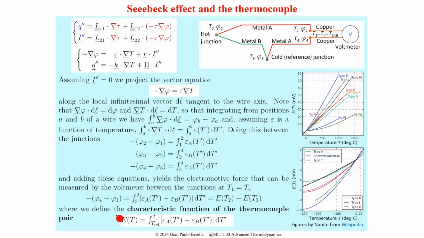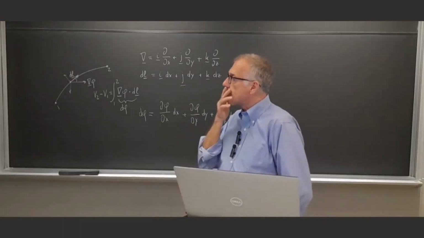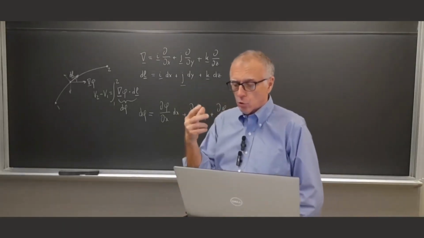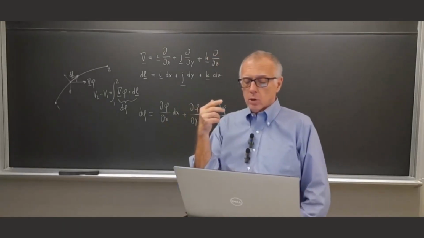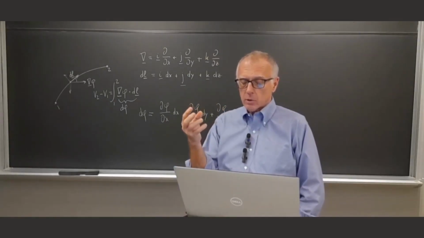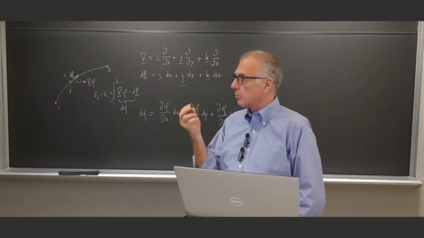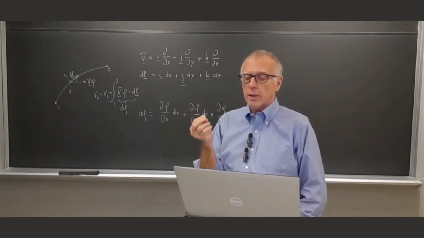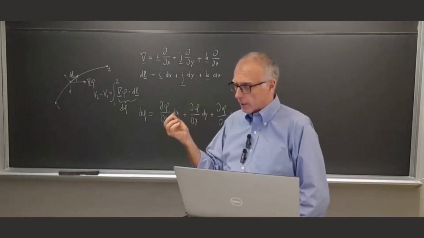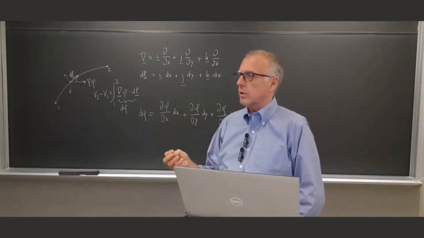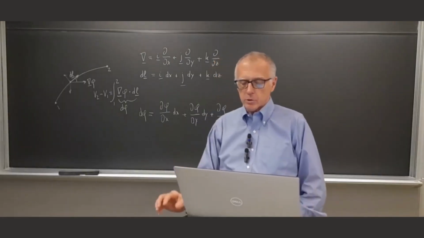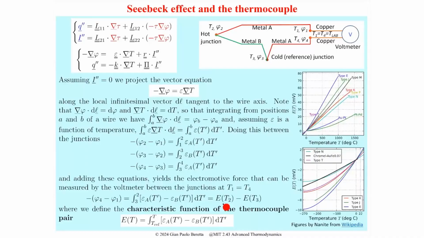This function here is the function that you do when you calibrate in your lab. When you buy a thermocouple, you should do calibration, or maybe you buy it certified so that it comes with a calibration. And calibration is that somebody has actually measured this for your thermocouple.